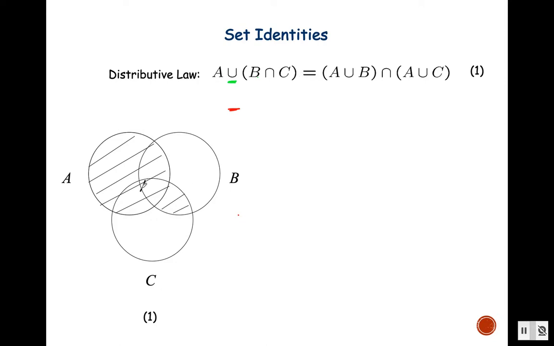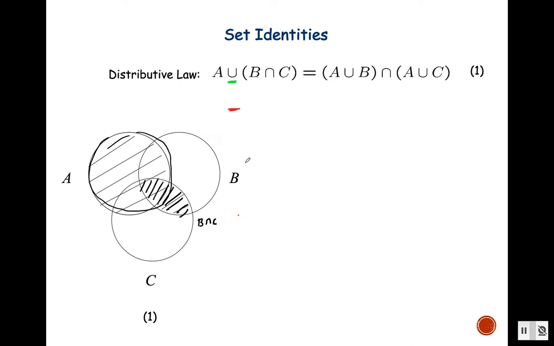So B intersection C is the black one. And this one is our A. So it's easily we can find out which is A union B intersection C. So this is our A union B intersection C.